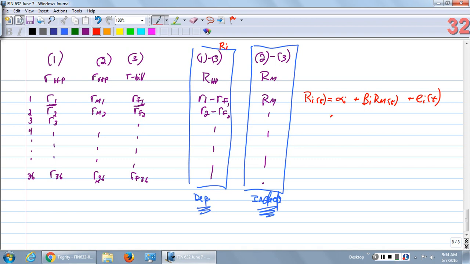So this is our expected excess return. This is our beta, which is our measure of how sensitive our returns are to market volatility. And then this last term right there is our firm specific surprise.